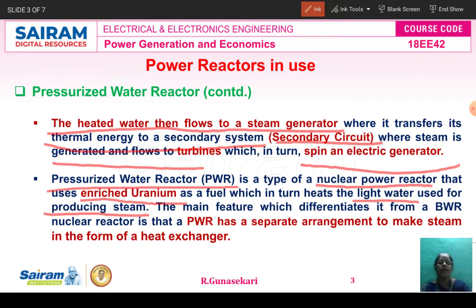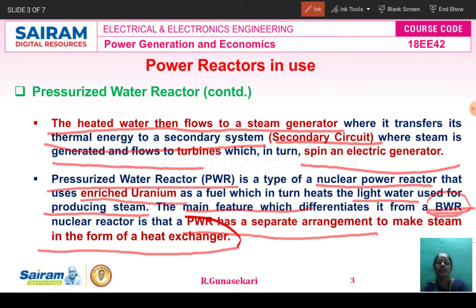The main feature that differentiates it from the boiling water reactor is that the pressurized water reactor has a separate arrangement to make steam, in the form of a heat exchanger. In the boiling water reactor, we do not use a heat exchanger, but in the pressurized water reactor, we use a heat exchanger. This is the difference between the pressurized water reactor and the boiling water reactor.